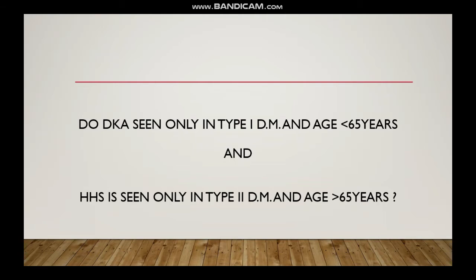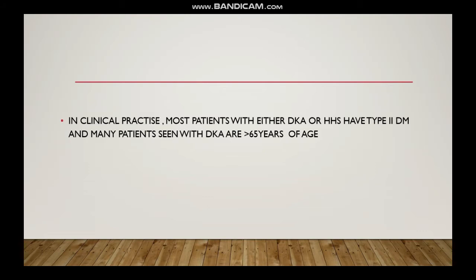We see this in more than 50% of the population, but the reason is not the same. In clinical practice, most patients with either DKA or HHS have type 2 diabetes mellitus, and many patients with DKA are more than 65 years of age.